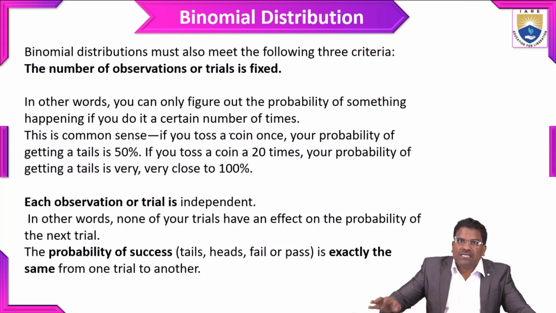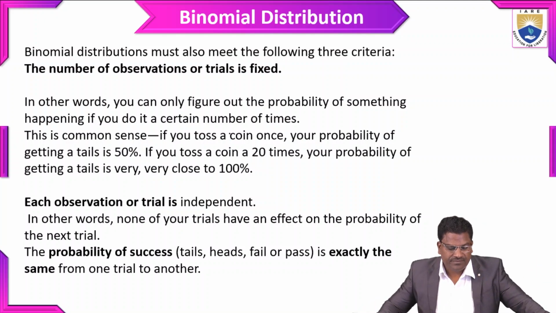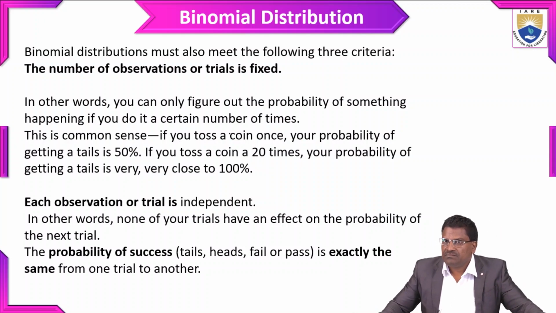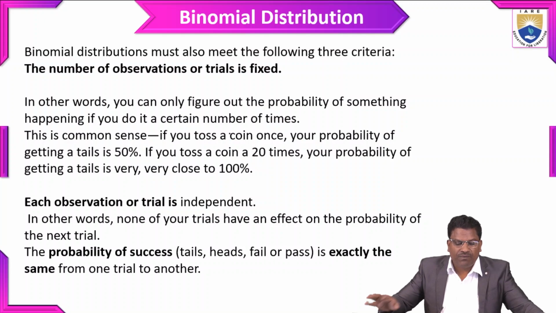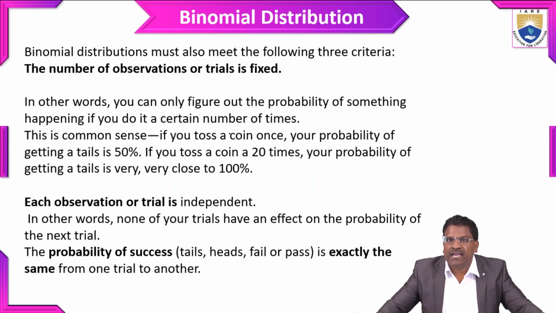So, each observation or trial is independent. No trial is dependent on another. In other words, none of our trials have an effect on the probability of the next trial. The probability of success, tails, heads, failure, pass, is exactly the same from one trial to another. So, in a Bernoulli trial, only one thing, yes or no, success or failure, only one thing.